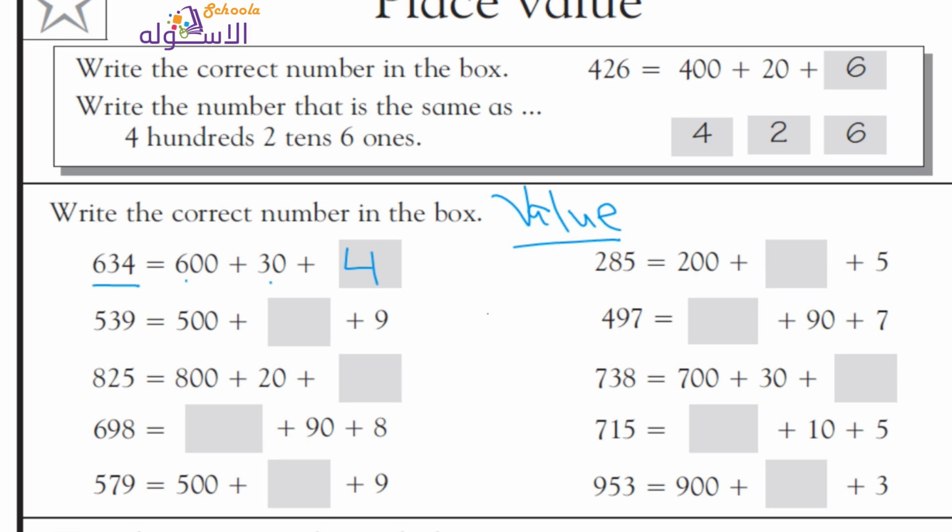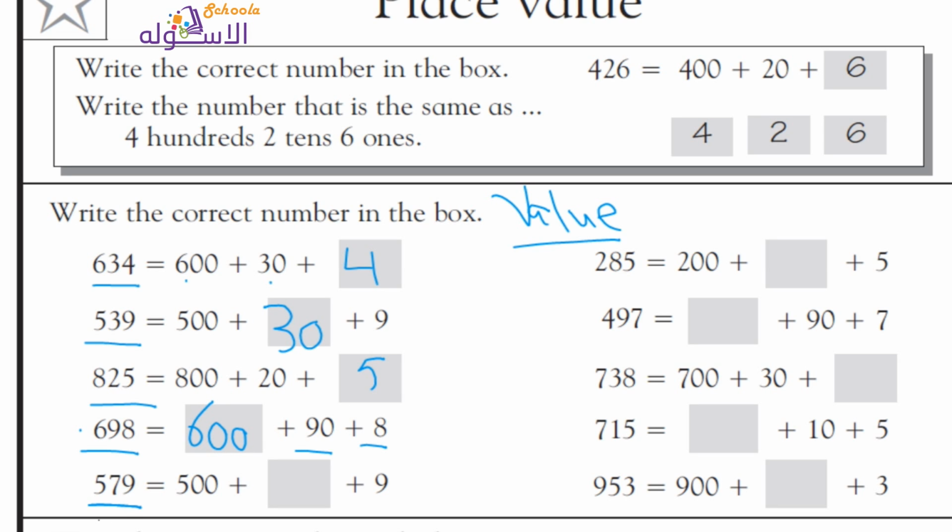Okay. Continue. The next number, 539. So it will be 539. The next one, 825. So it will be 825. 698. I have 8 and I have 90. So what is missing? The 100. So it will be 600.